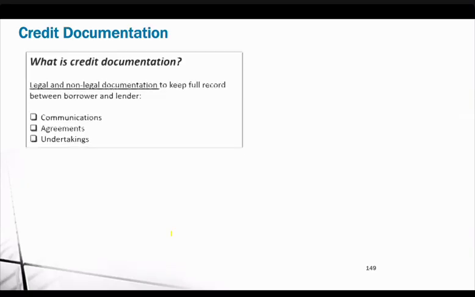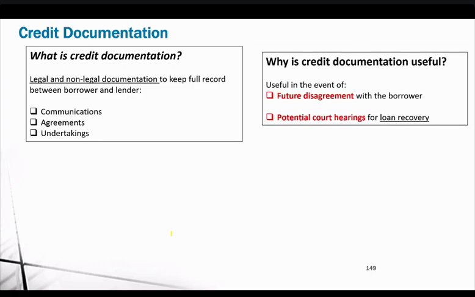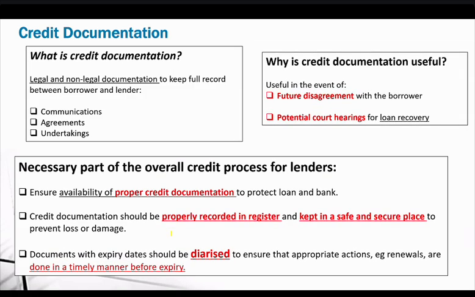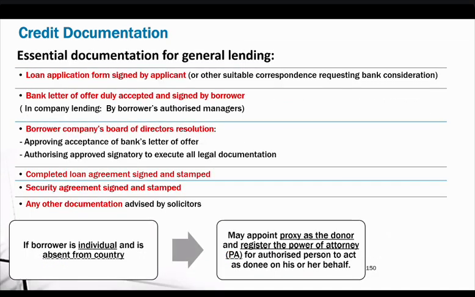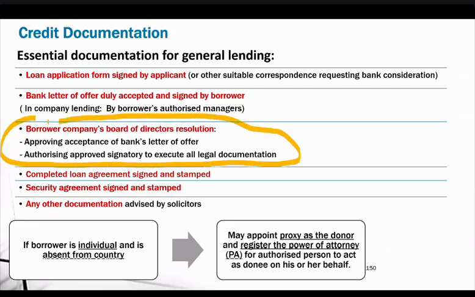Here, in terms of credit documentation, there are legal and non-legal documents to keep full records of borrowers and lenders. And this is where you diarize the information and keep it safe. This is the typical information that you will collect for general lending purposes. Just take note, Soon, since you're in retail, for business lending they will also take the board resolution.